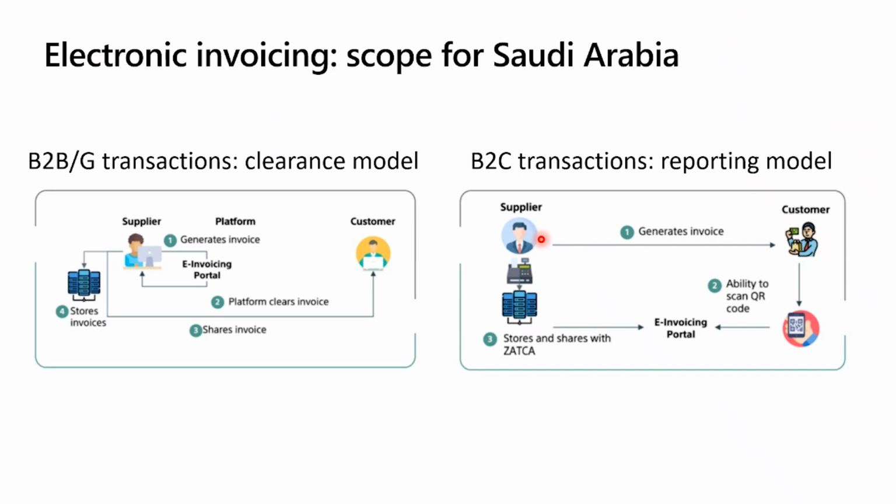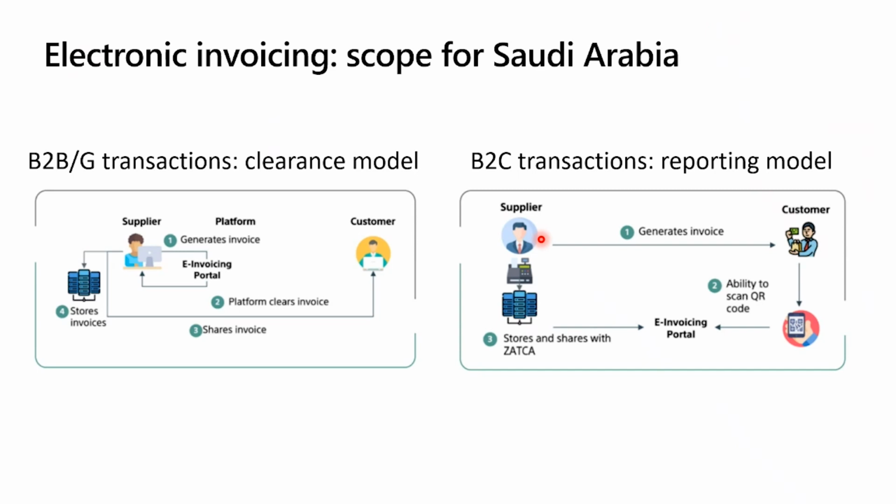And this tax e-invoice should be sent to the tax authorities for clearance through their portal. Basically, the authorities verify the e-invoice for completeness and consistency, and return the clearance to the supplier. And only after the e-invoice is cleared, it can be stored and shared with the customer.